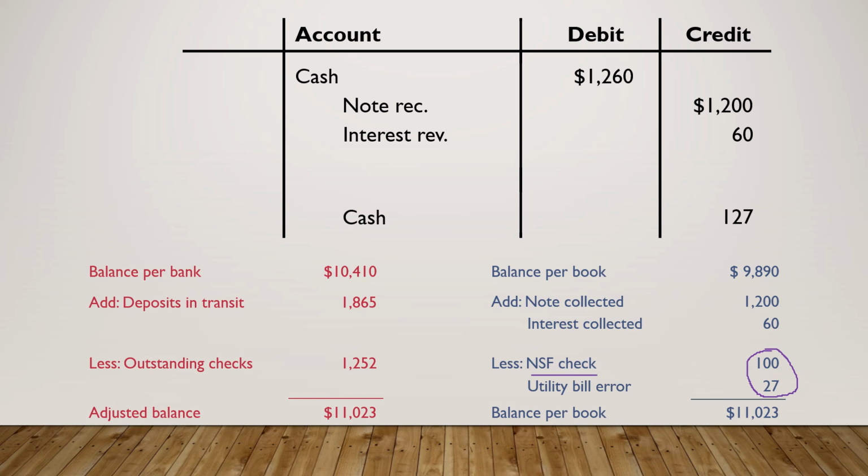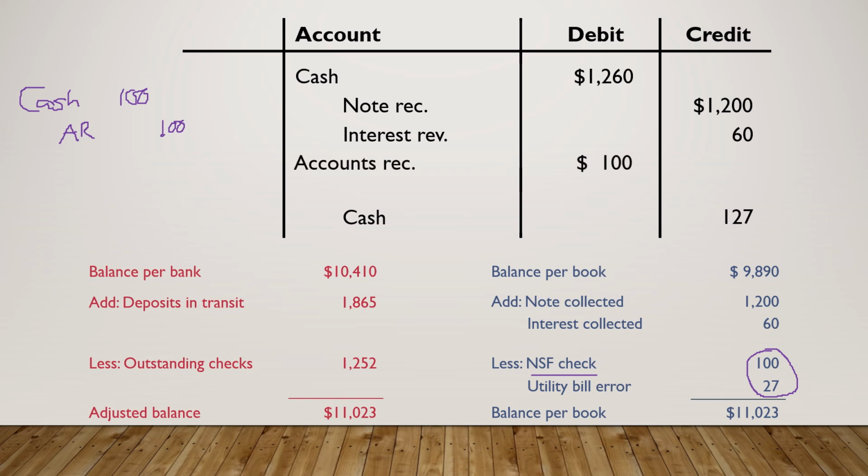For the NSF check, Boatwright originally debited cash and credited AR upon its receipt. Since the check was no good, we're crediting cash to reflect that the money was not actually collected, and will debit accounts receivable back on the books.